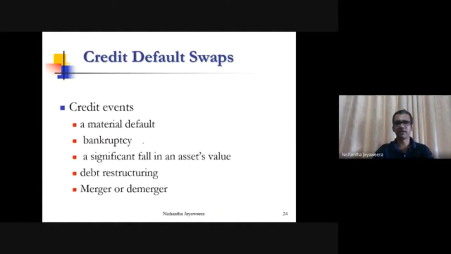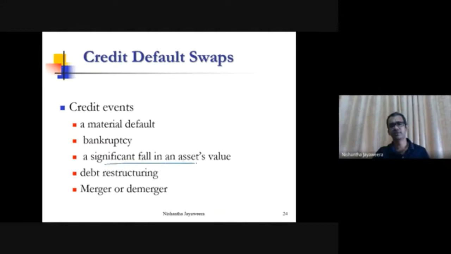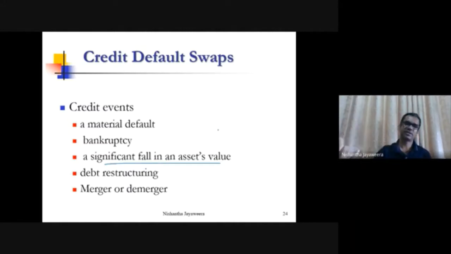It can be a bankruptcy, failure to make an interest payment, restructuring of debt, a merger with some other company or a demerger, or a significant fall in asset value. Say the contract states that if the asset value of the reference entity falls more than 20%, then it is considered a credit event. Then the protection seller has to compensate the protection buyer.